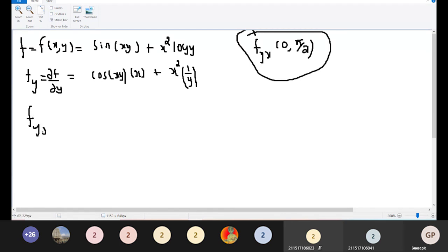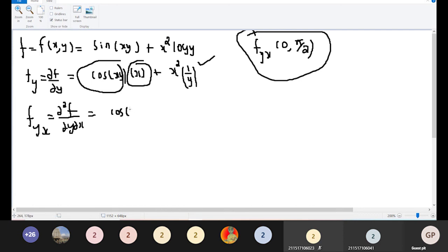Now fyx. fyx means dou square f by dou y dou x. So differentiating the previous equation with respect to x, these two are functions of x in product. So applying the product rule, keeping cos of xy as it is, differentiating x you get 1.